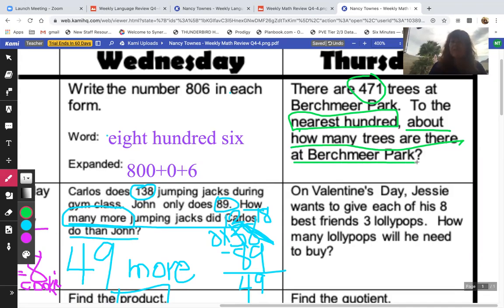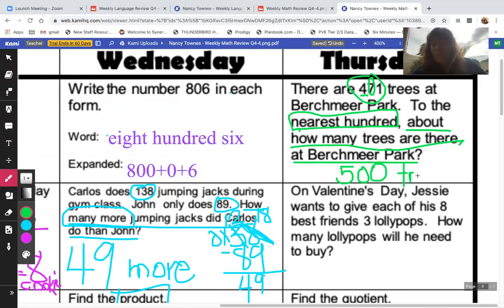So I have to say, okay, is 471 closer to 400 or 500? And if I look at the number right next to the 4, it's 5 or above, so it's a 7. So I know that I'm going to bump it up. So we are going to say that 471 is closer to 500. So that would be 500 trees.